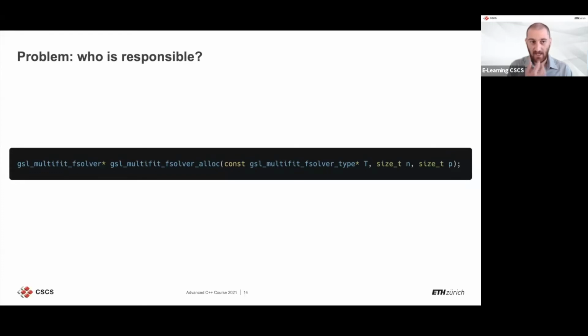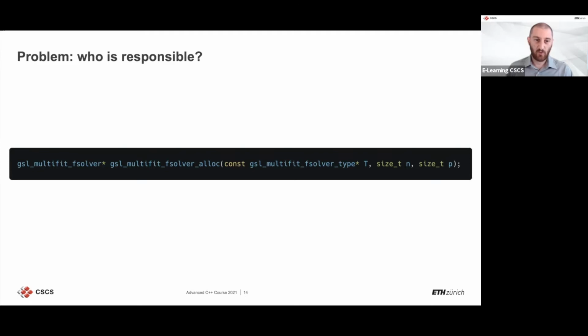If we get, let's say, a library which gives us this function signature, and this function says that it takes in some parameters, one of which is a pointer, and it returns a pointer to a GSL multi-fit fsolver.